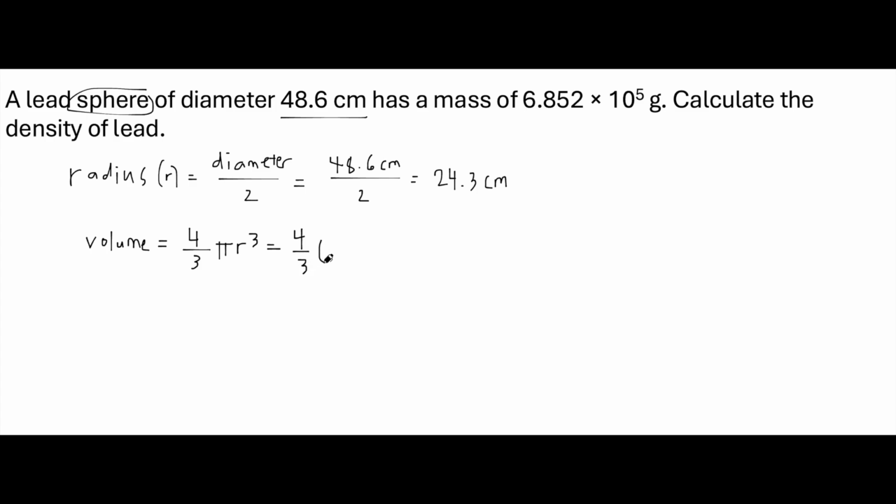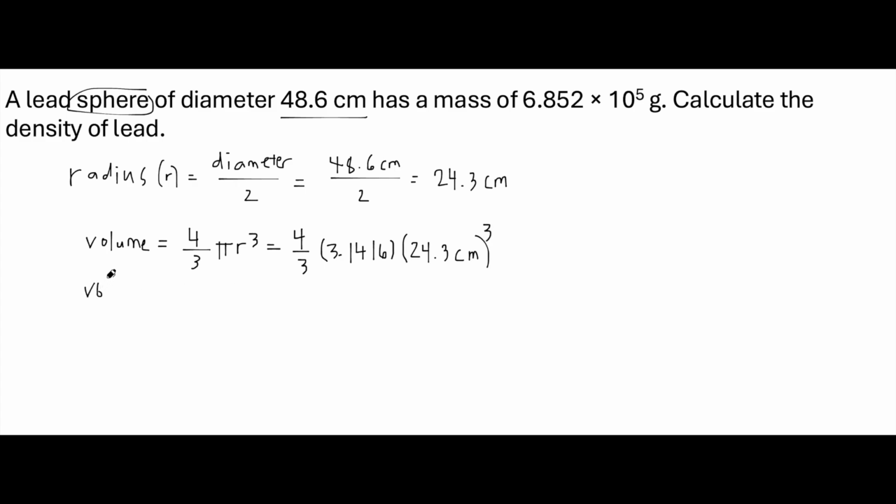So for pi, let me just use an approximated value. Let's just use 3.1416 times the radius that we just solved, 24.3 centimeters, and then you cube that.